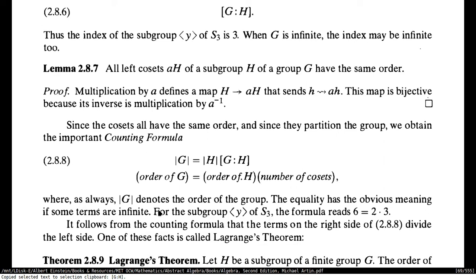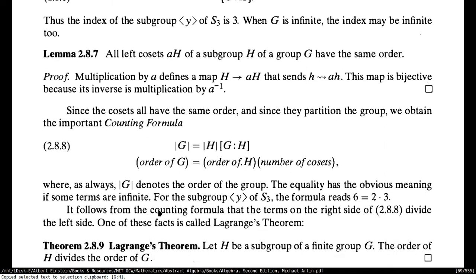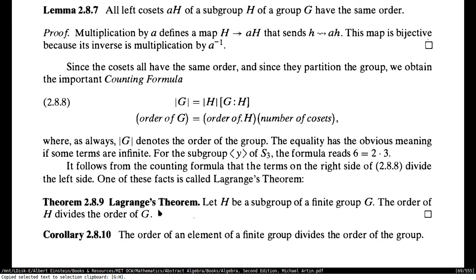If you have the order of one coset and you know the number of cosets in the group, you can find the order of G. Right? Okay, so that was the counting formula. It's just counting the order of G by counting the number of cosets.